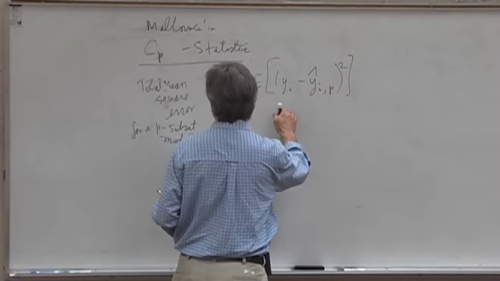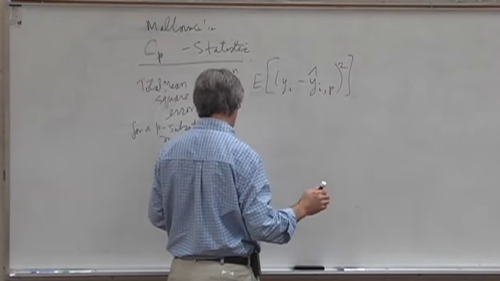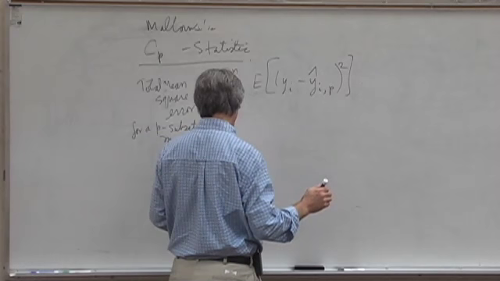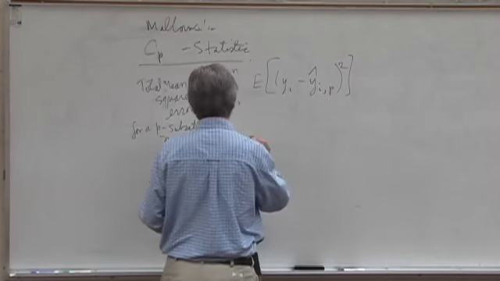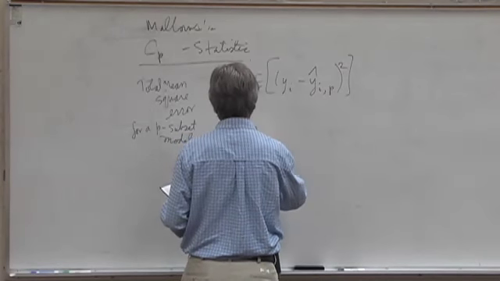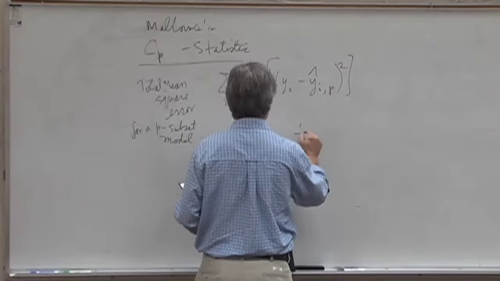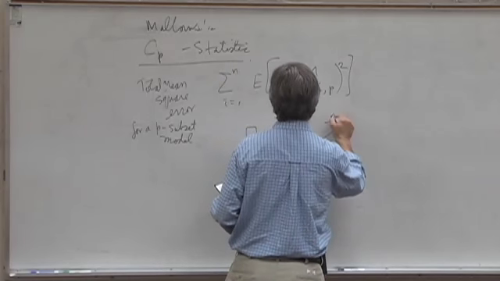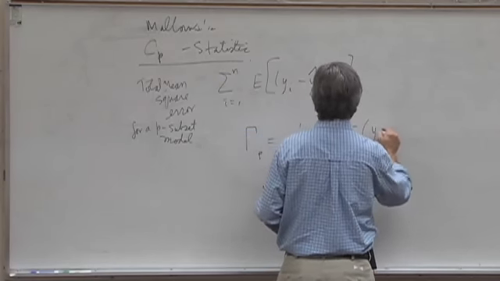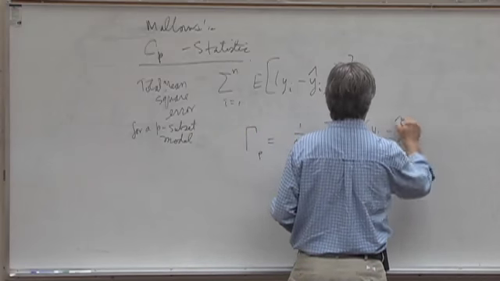So that's the total mean square error, and then you normalize it by dividing by sigma squared. That's all he's got here, but he doesn't quite do that. So then he defines gamma sub P equals 1 over sigma squared times the summation, i goes from 1 to n, of E(Yi minus Yi,P hat) squared.